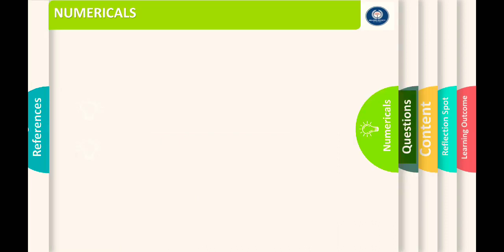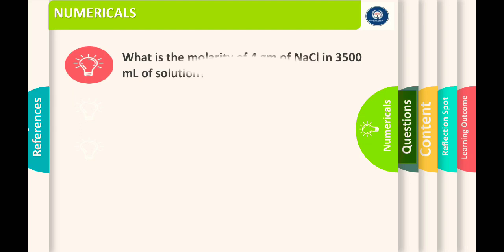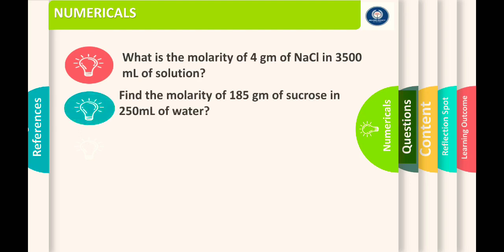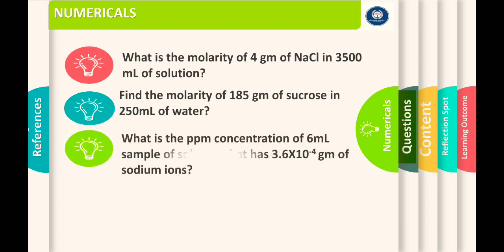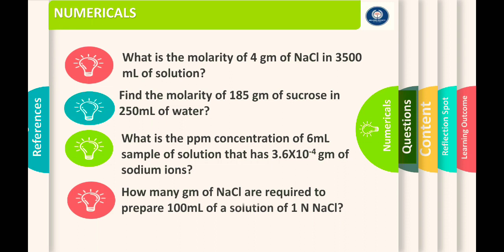Now this particular point is very important for GPAT and NIPER examination. In the GPAT and NIPER examinations there will be some numericals, and here are some basic numericals. For example, what is the molarity of 4 gram of sodium chloride in 3500 ml of the solution? Find the molarity of 185 gram of sucrose in 250 ml of water.